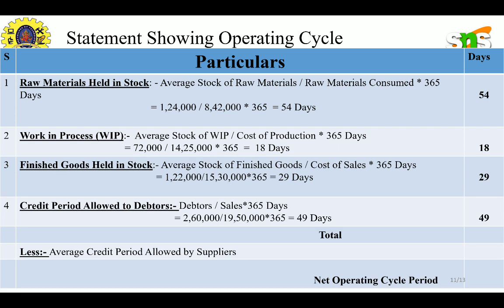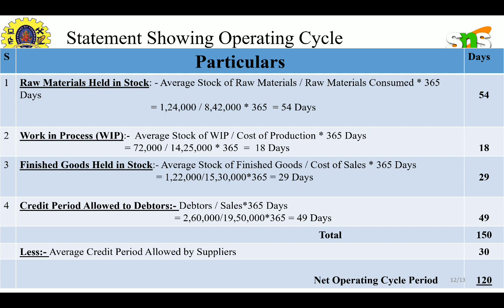If we add 54 days, 18 days, 29 days and 49 days, we get 150 days. Then we deduct the average credit period allowed by the suppliers, which is given in the question: 30 days.